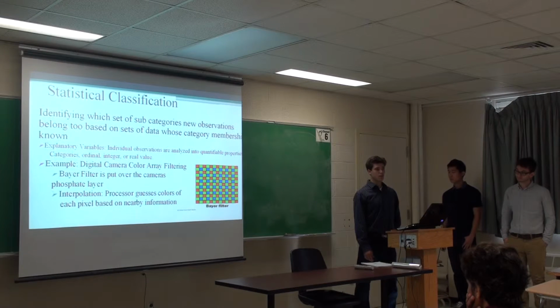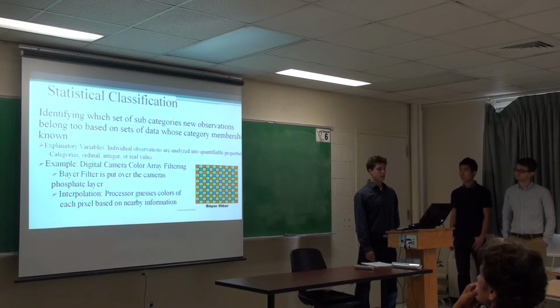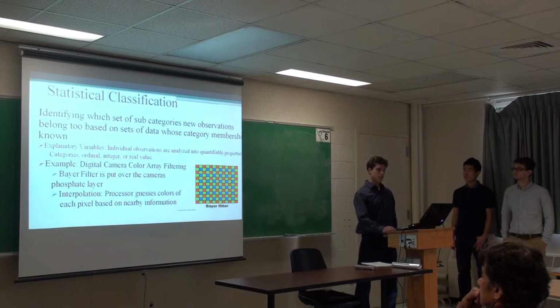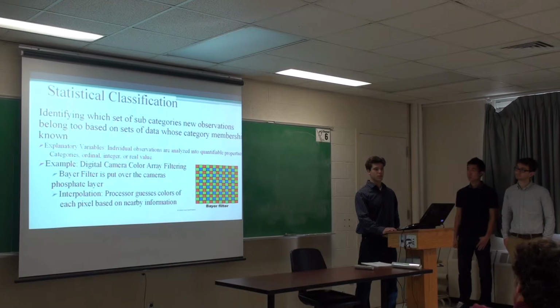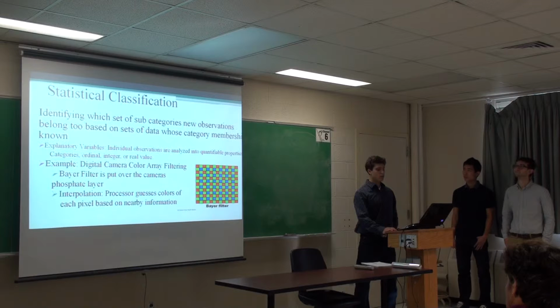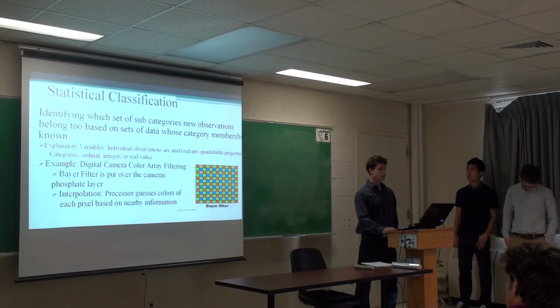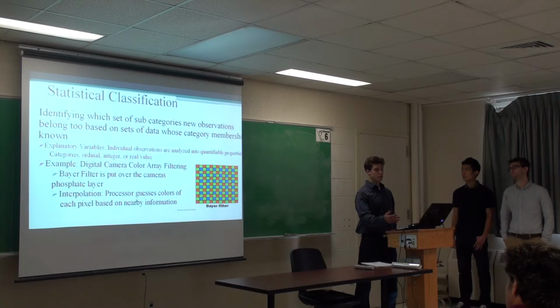The way that color is achieved in a digital camera is that it takes the intensity of light of a red, a green, and a blue layer of the image and combines that into the full spectrum of colors. To do this, statistical classification is used, and it does that by placing a Bayer filter over the phosphate layer. And this is a pattern as shown in the image here.